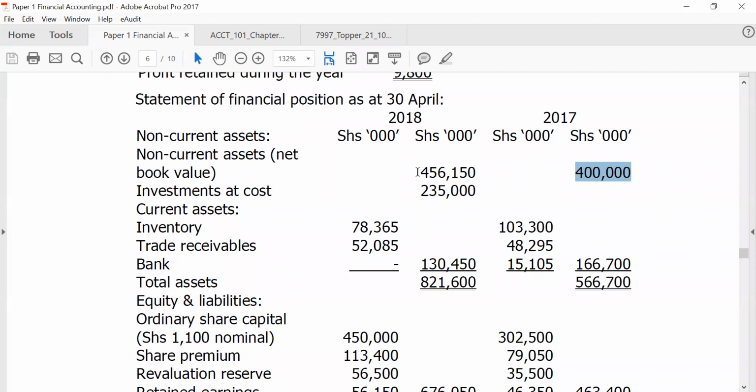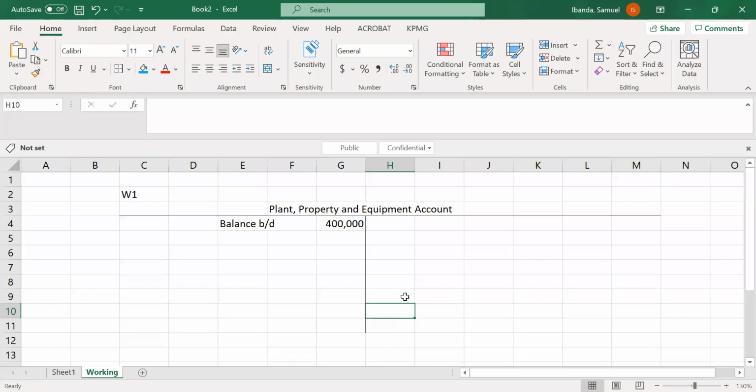The balance carried down is this. So you also go and take it. They have given us the balance carried down of this. So that's the first thing that you do.